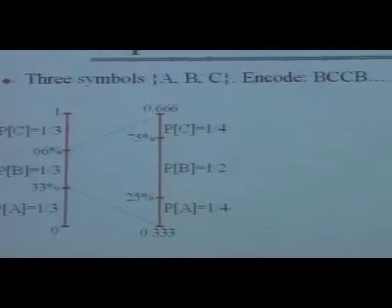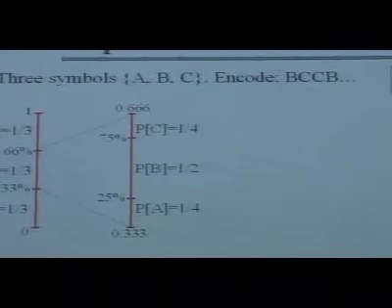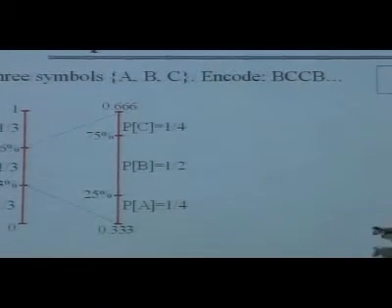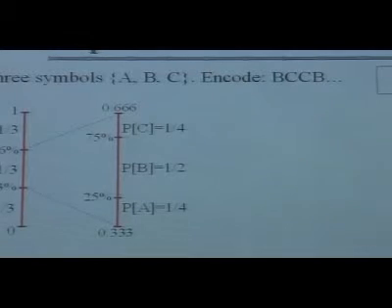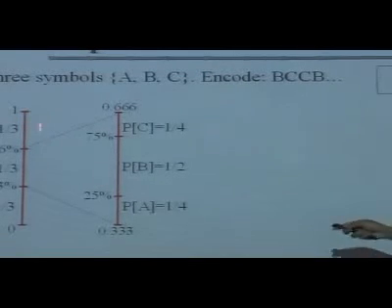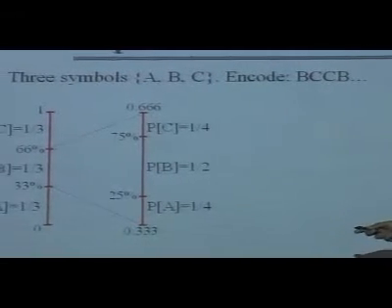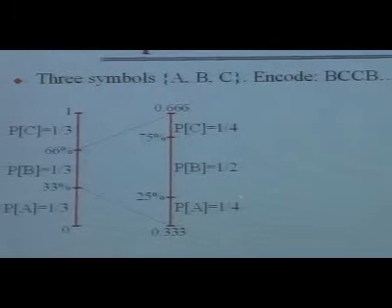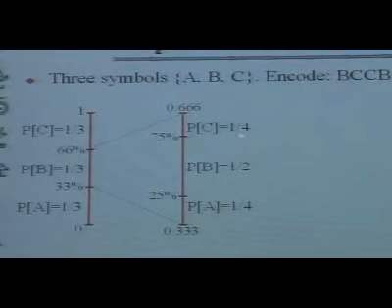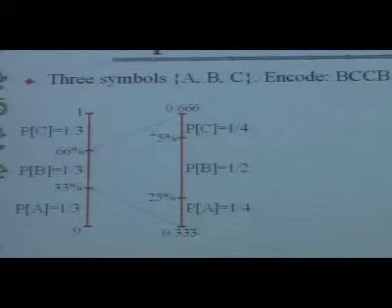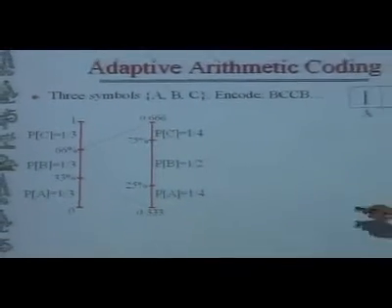But then when I partition the next subintervals, I will partition it with respect to the new count. So I'm not going to partition it with 1/3, 1/3, 1/3. Instead, I'm going to partition it with 1/4, 1/2, and 1/4, because B happens twice now. Okay, so it's going to be 1/4, 1/4.